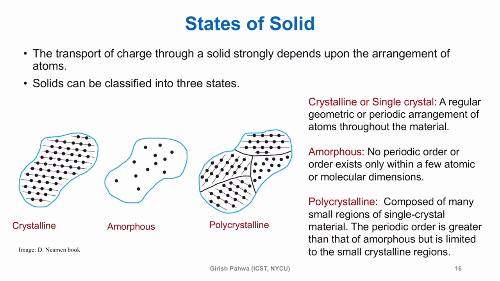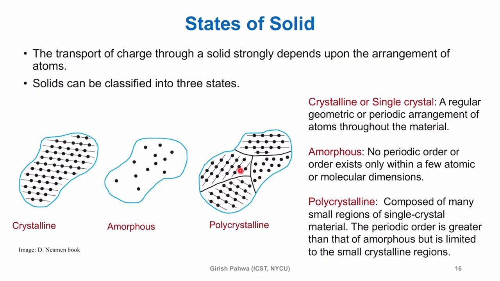Okay, so if you look at the periodic order, largest is here, no periodic order, some periodic order, right? If you talk about the transport of charge, it will be much smoother in a crystalline solid, amorphous, not good at all, and polycrystalline somewhere in between.